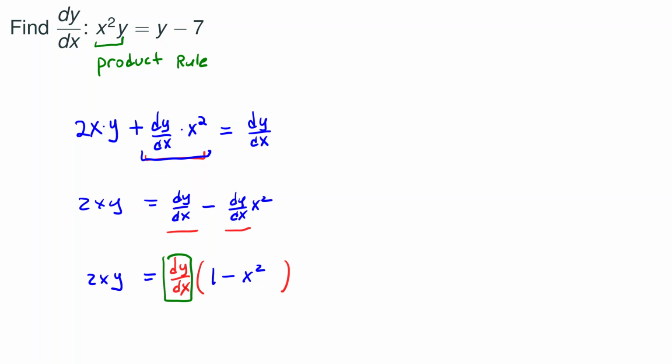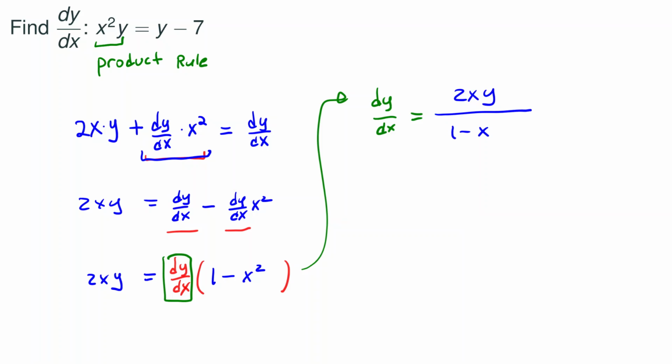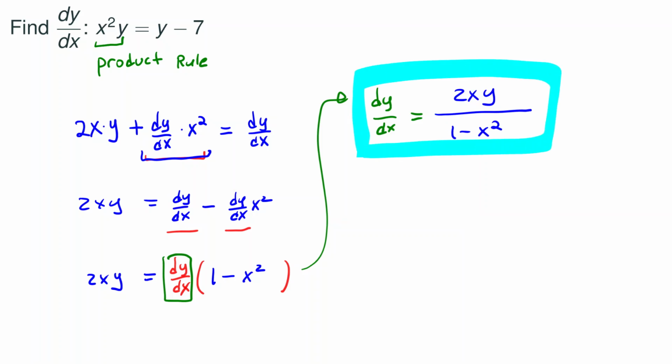That means we're going to divide by this on both sides. So let me write the final answer right here. dy/dx equals 2xy over 1 minus x squared. So this is the derivative of y with respect to x.